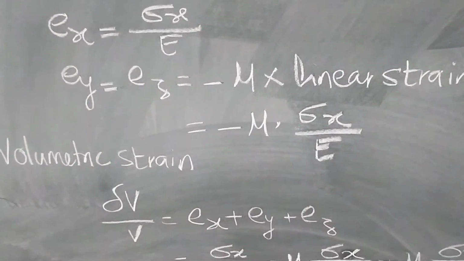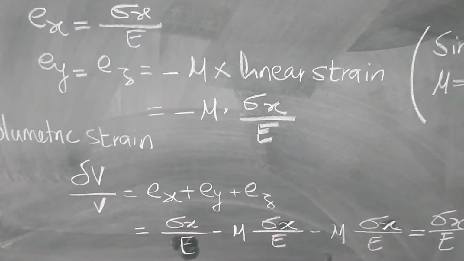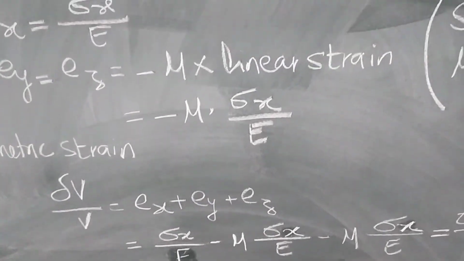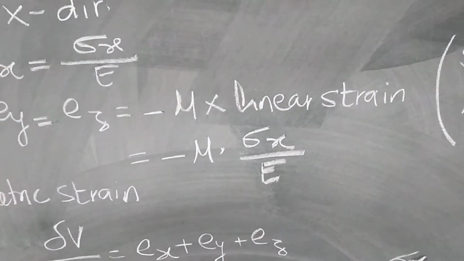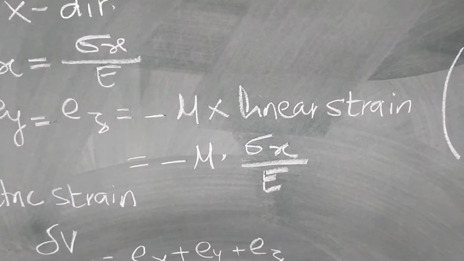Because B and T, that means y and z parameters, are going to reduce. So, there is reduction, and reduction is noted by minus sign.